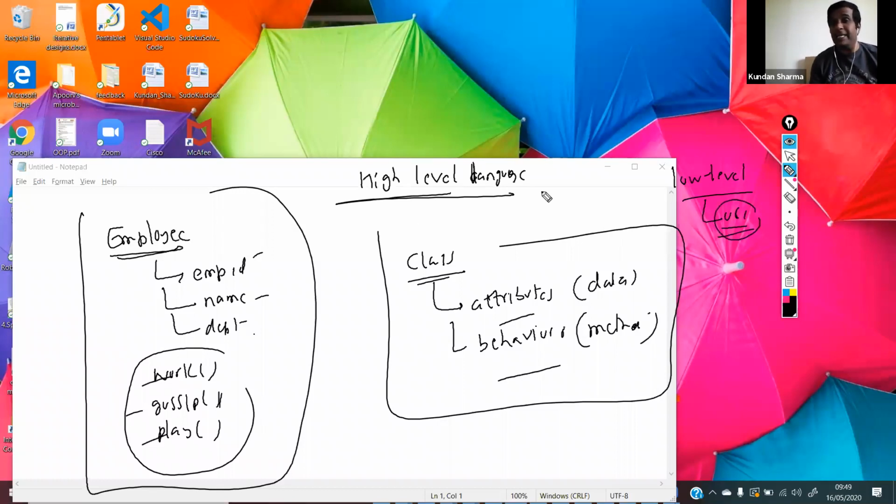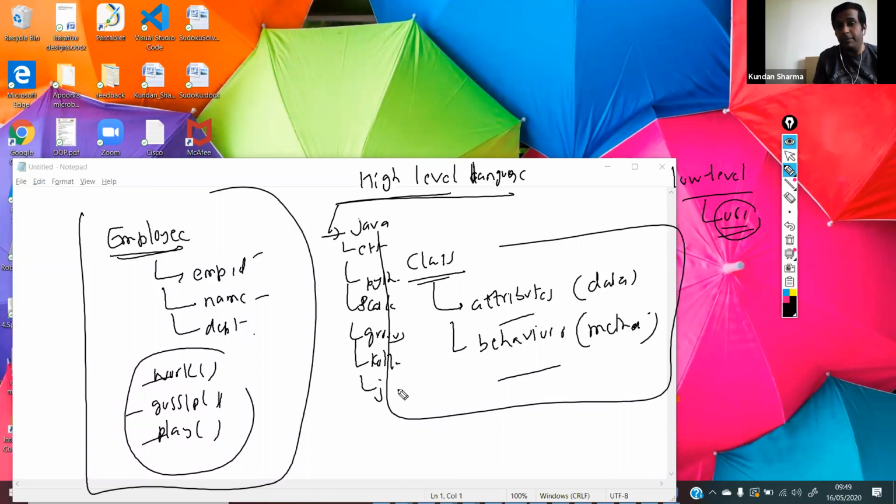What is an example of a high level language? Examples are the different programming languages such as Java, C++, Python, Scala, Groovy, Kotlin, or JavaScript.